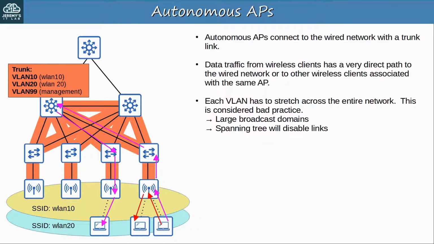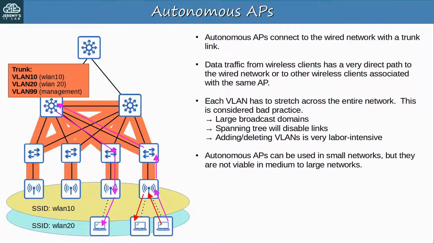The second reason is that spanning tree will disable links. A big focus of modern network design is avoiding spanning tree as much as possible, because disabling links means a reduction in total bandwidth. Also, adding and deleting VLANs is very labor intensive, if it has to be done over dozens of switches in a large network.